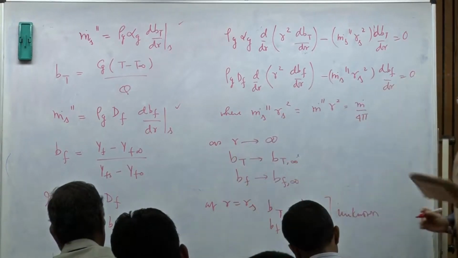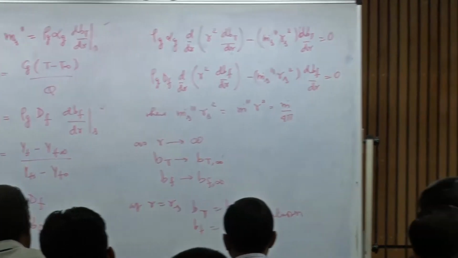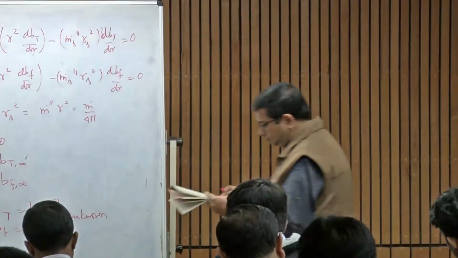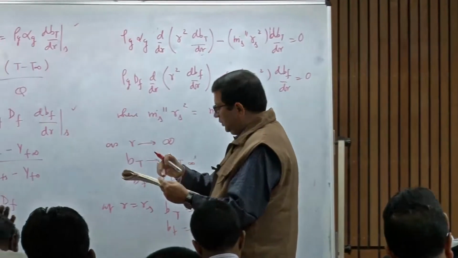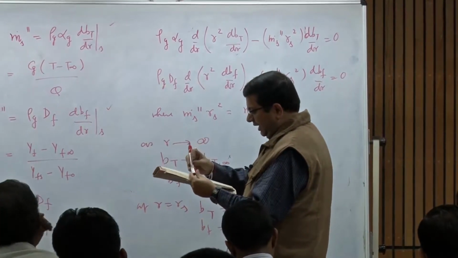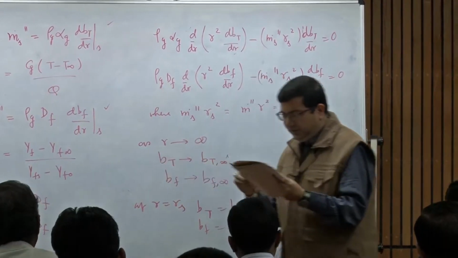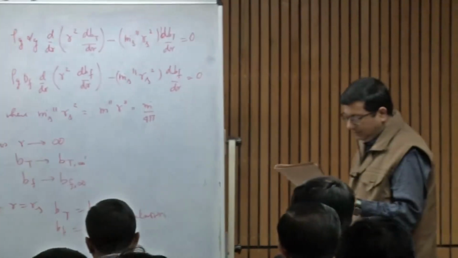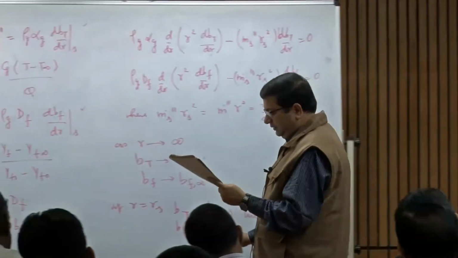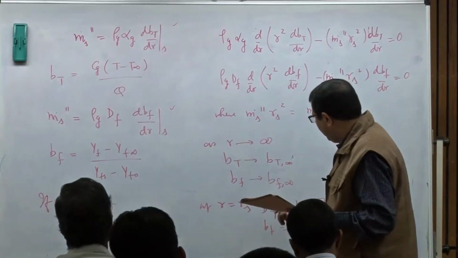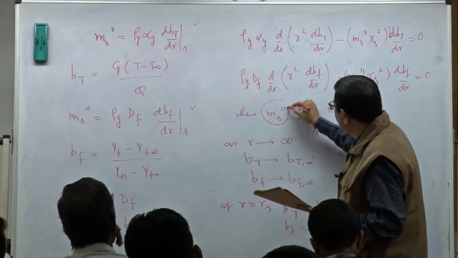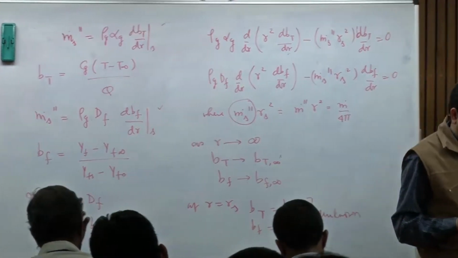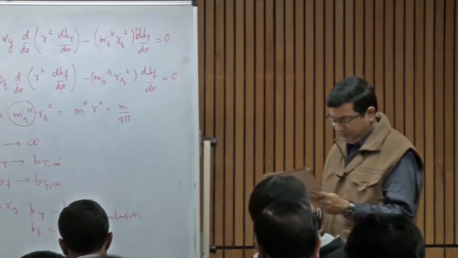So, we need to solve for these to get the proper boundary conditions. What we have is a second order differential equation and 3 boundary conditions so far. So, the solution will exist only for a particular value of the mass flux.